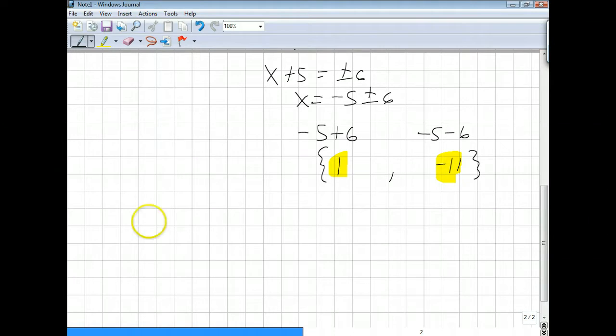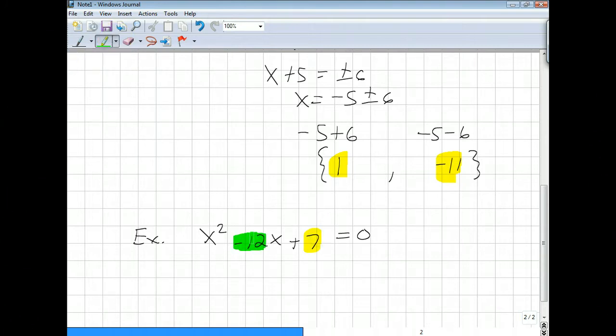So for example, if I have x squared minus 12x plus 7 equals 0, there's nothing that multiplies to 7 but adds up to negative 12.